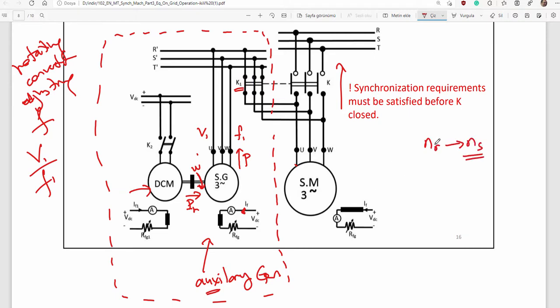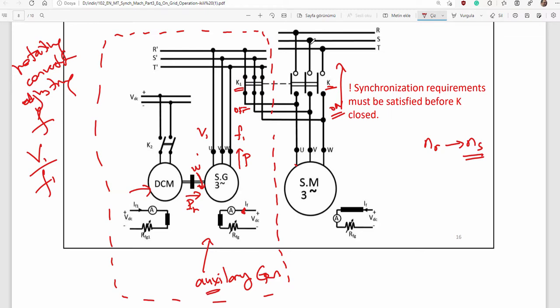When machine reaches its rated value, then the auxiliary system will be opened, K1, and this side will be on. You switch off here and then on here. After starting process you do this and you directly connect synchronous motor to the network.